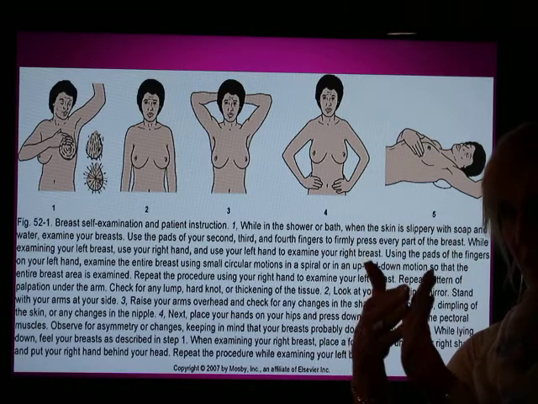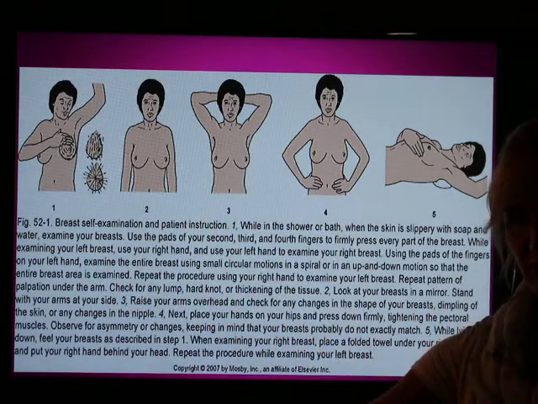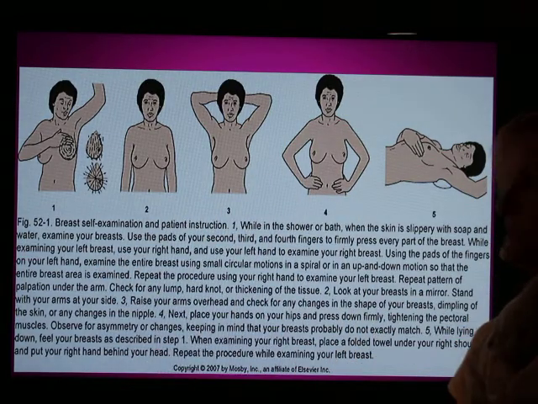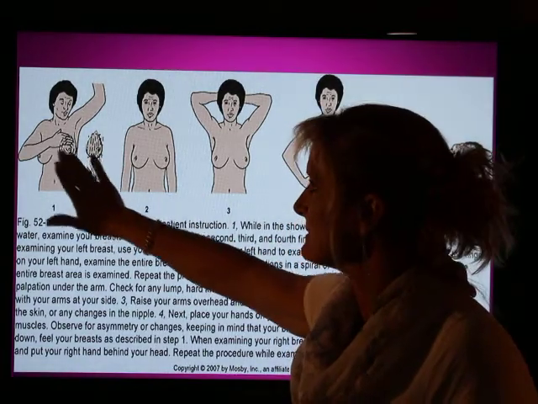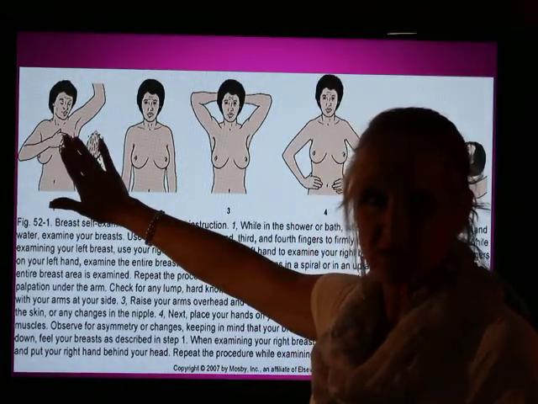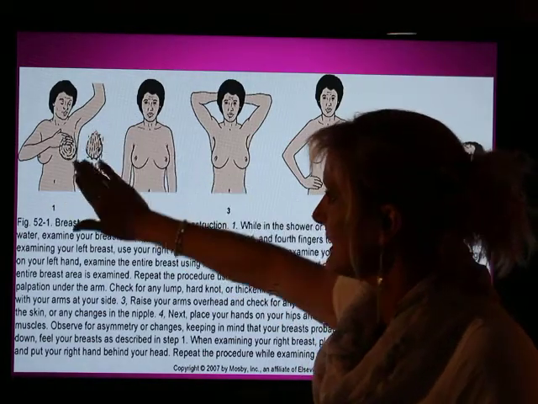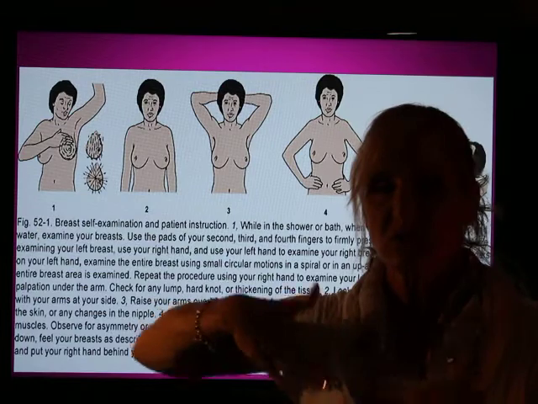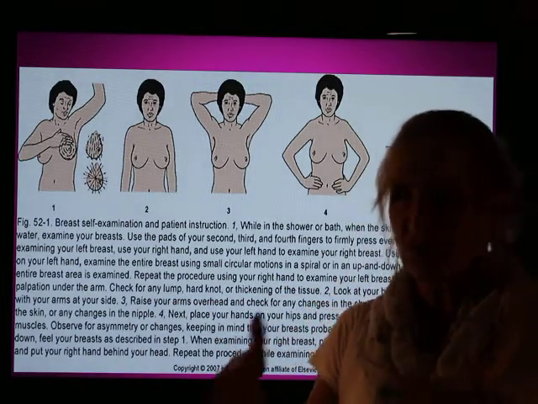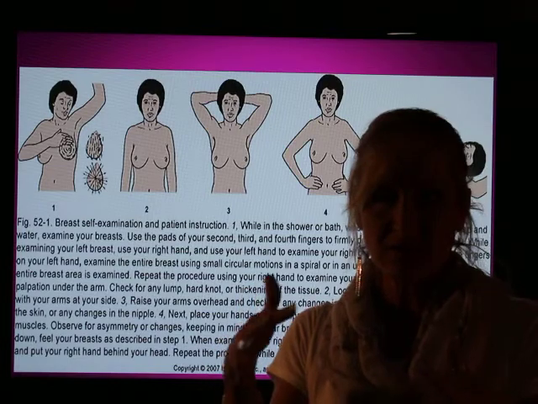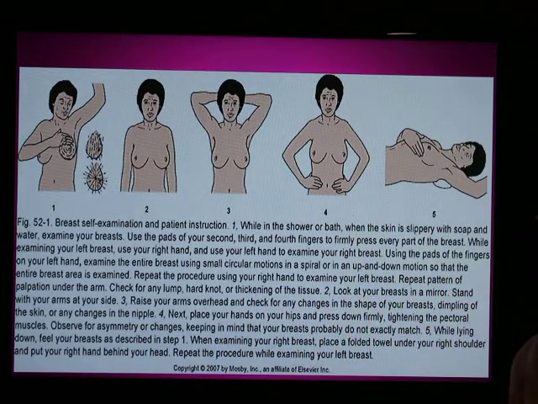Once the period is done, 3 to 4 days after that, is a great time. You teach your patient to get in a shower when their skin is all slippery. They're going to rotate around the entire tissue, then pull down and then pull in and out. And what you're teaching your patient to test for is any lumps, any nipple discharge, any nipple disfigurement, anything like that, they're going to want to notify their physician right away.